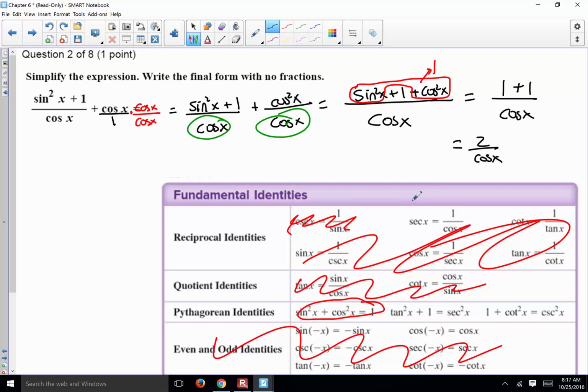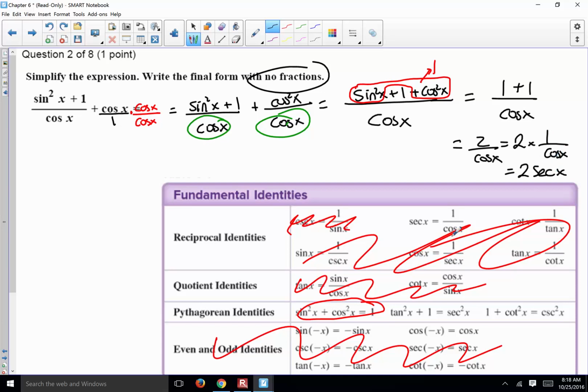They say no fractions. I still have a fraction. This is twice 1 over cosine x.